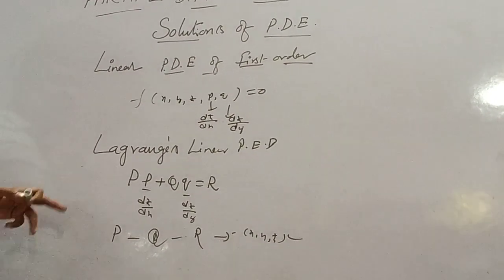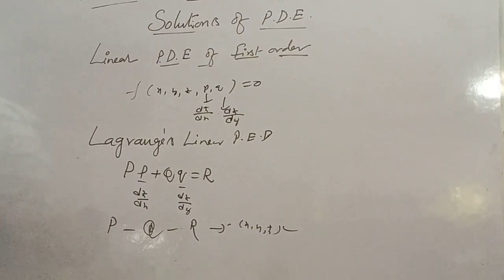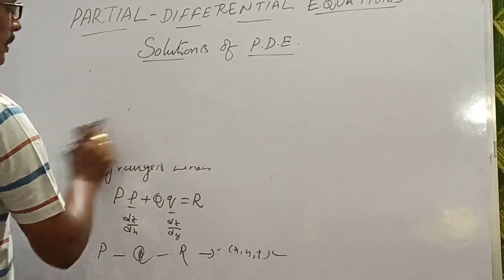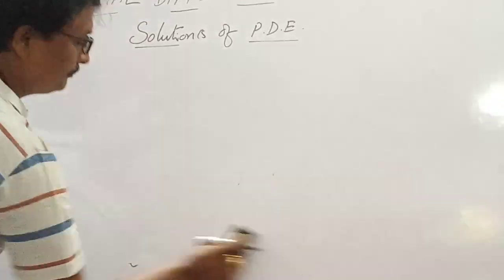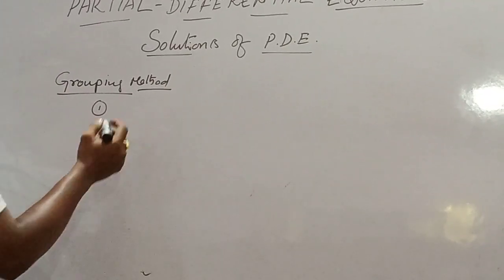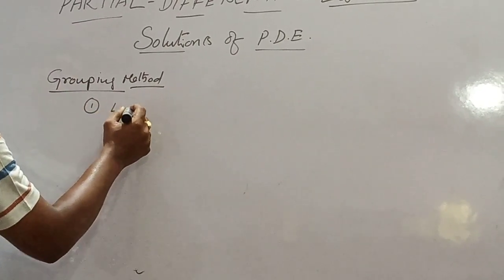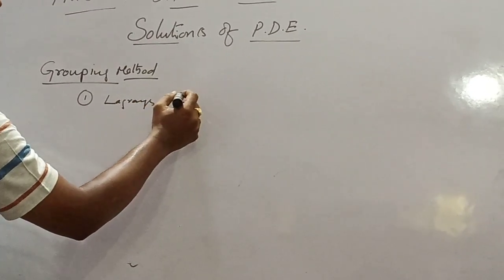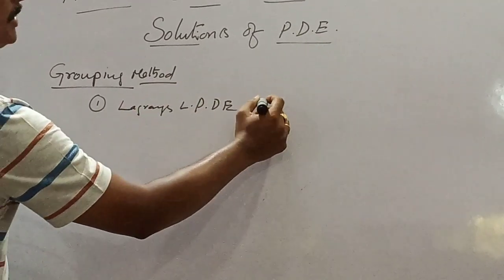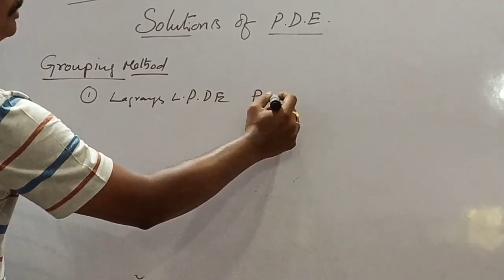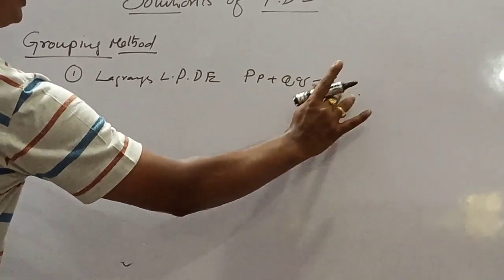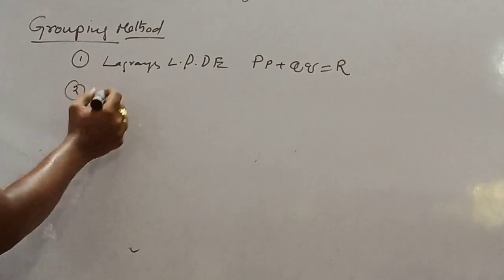We solve Lagrange's linear PDE by using the grouping method. First of all we discuss the grouping method. Here we have Lagrange's PDE, that is capital P small p plus capital Q small q equal to R, and we write the auxiliary equation.